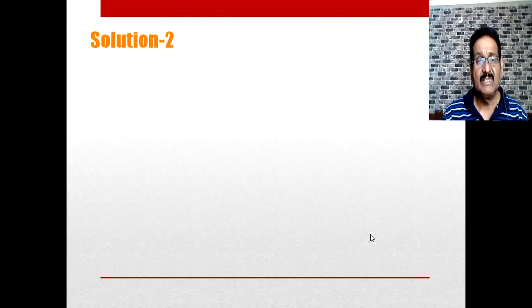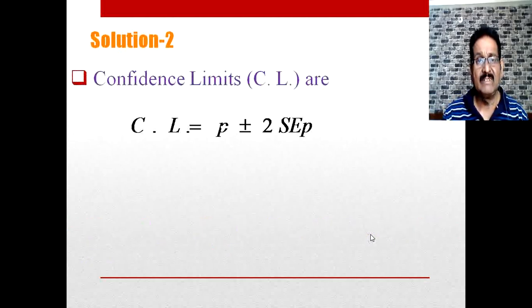We use the formula to calculate the confidence limits: proportion plus minus 2 times standard error of proportion. This is for 95% confidence limits. You have to remember that for 95% we use approximately 2 instead of 1.96, and if we require 99%, we use 2.58.